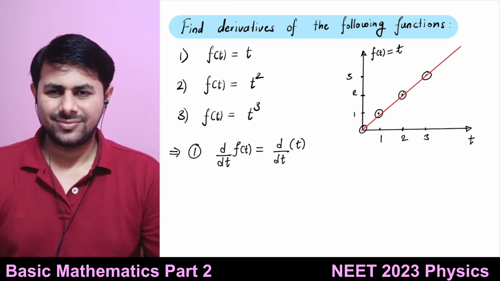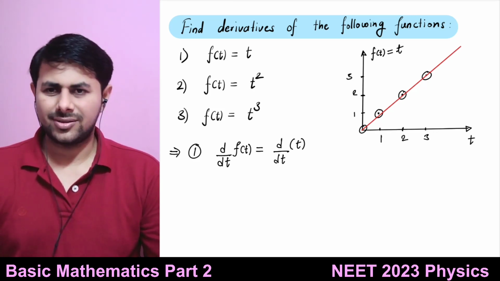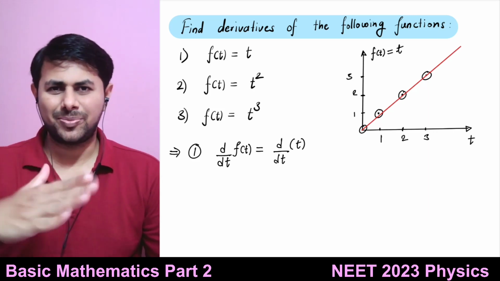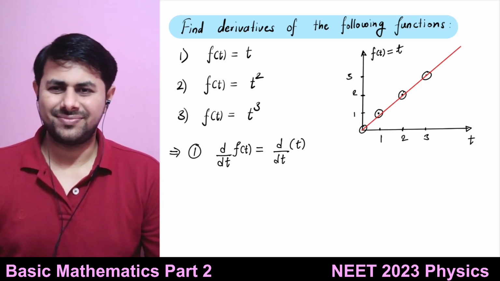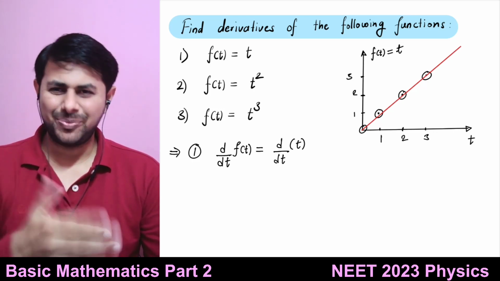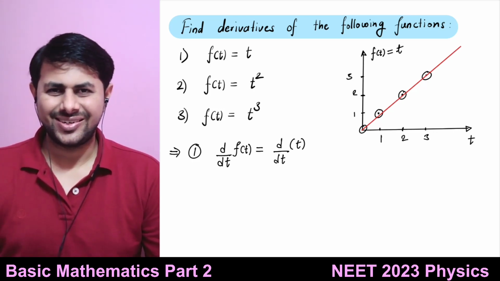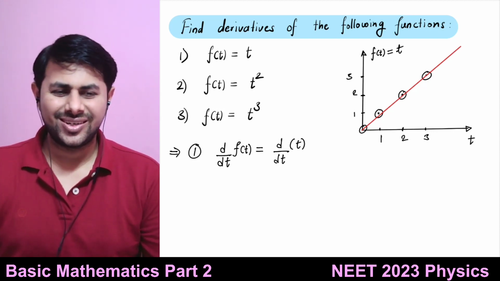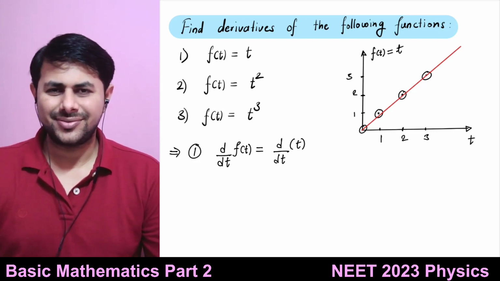The slope of this line is not 0. There is some slope. The line is slanted, right? Yes, the slope of this line is equal to 1. That means the derivative should be equal to 1.